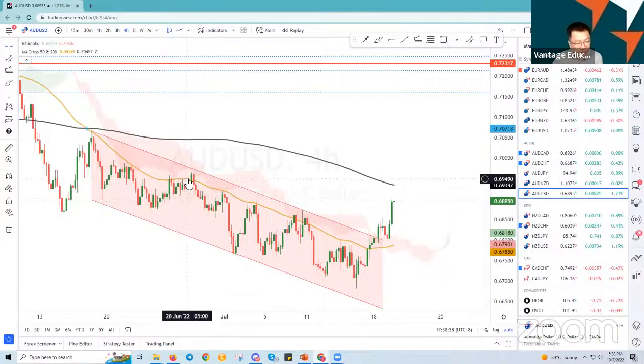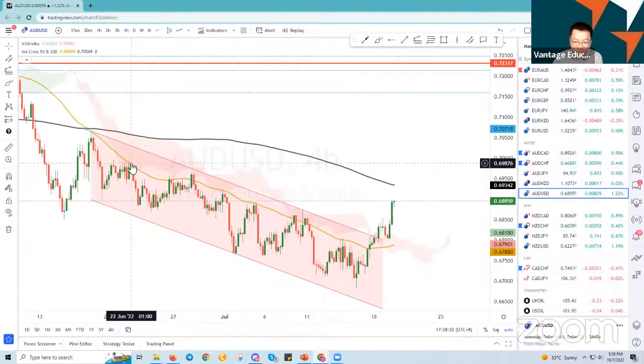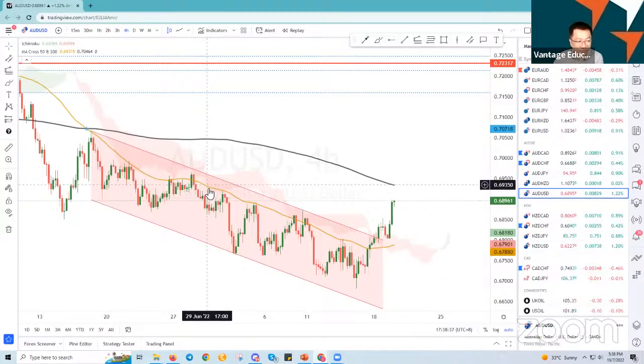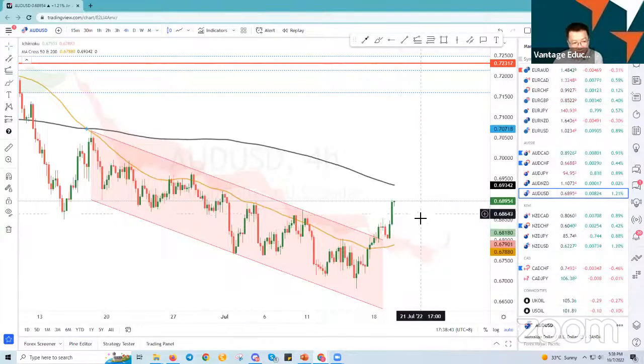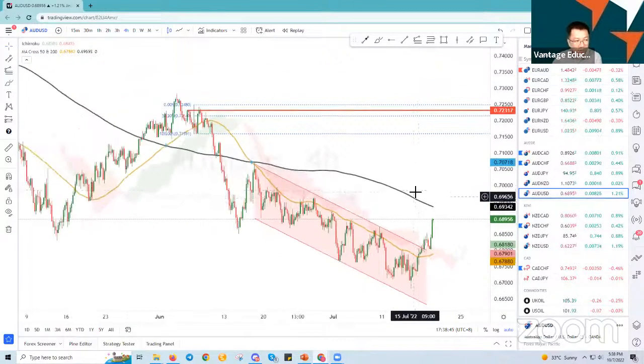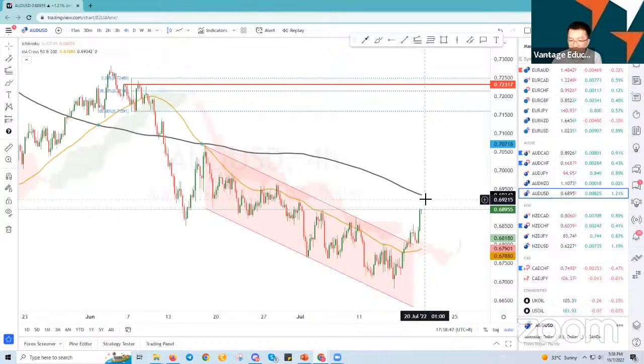Now in this, the 50 forming a bit of a resistance. You can see here price testing higher, tracking down, price testing that moving average level, testing down, testing that level, moving down again. So once it breaks out of this point, we're looking at a possible push towards the upside there.